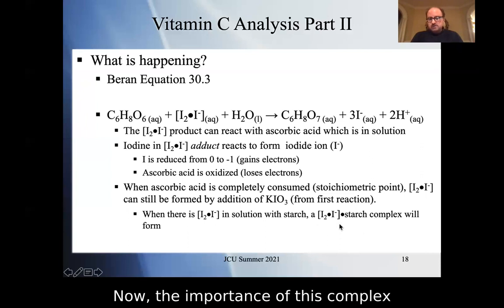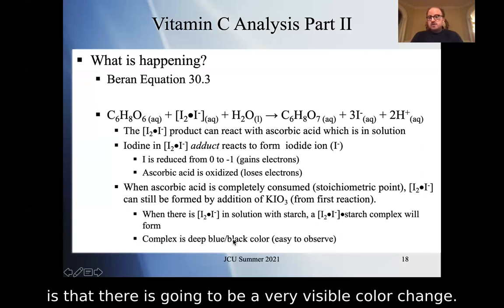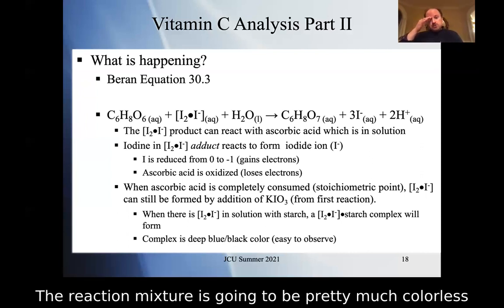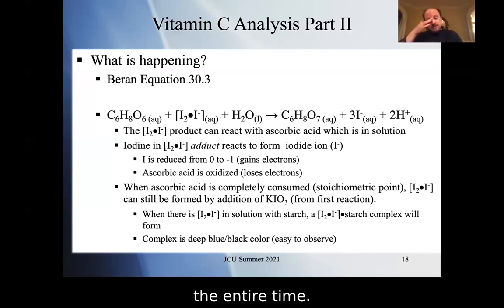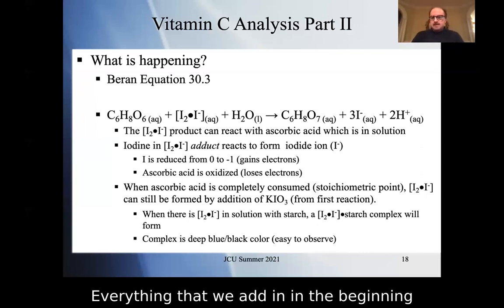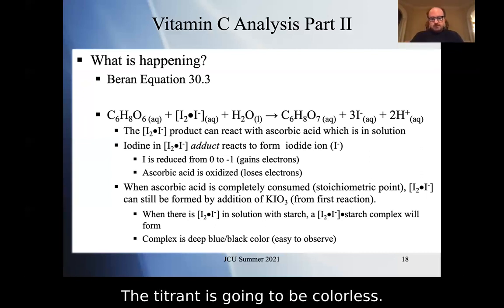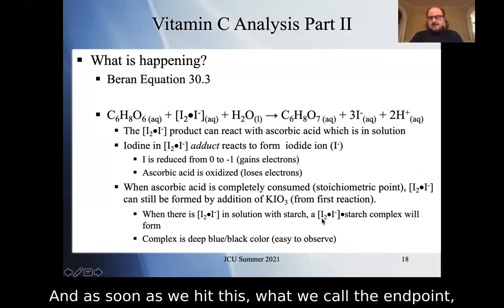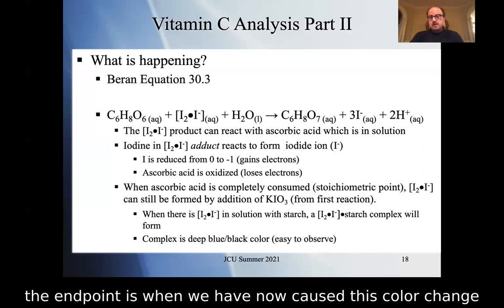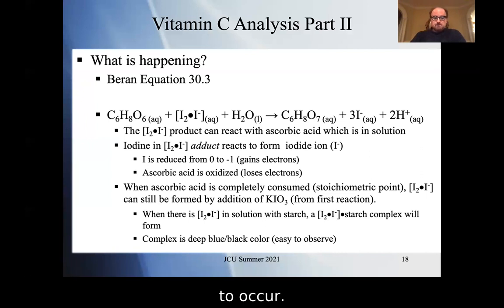Now, the importance of this complex is that there's going to be a very visible color change. The reaction mixture is going to be pretty much colorless the entire time. Everything that we add in the beginning is basically colorless, whether it be a white solid, the titrant is going to be colorless. And as soon as we hit what we call the end point, we have now caused this color change to occur.